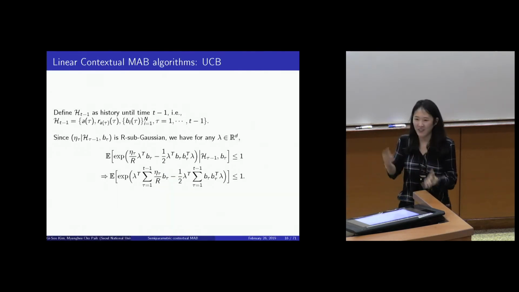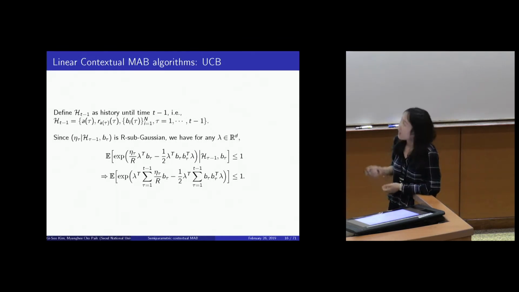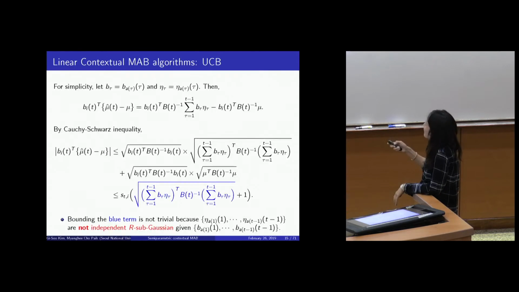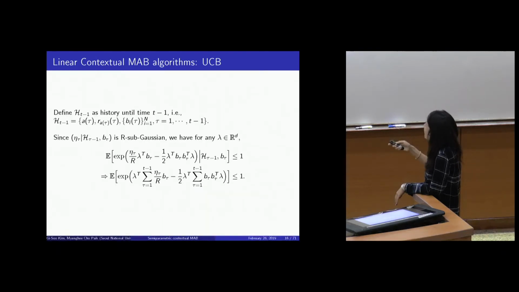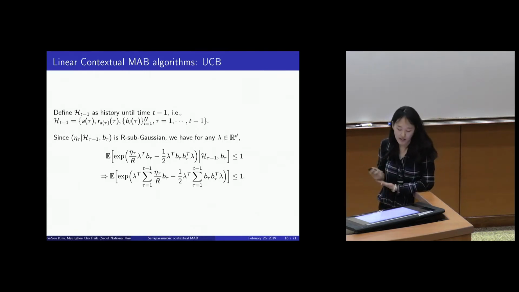Sorry if you are very familiar with this. But Abbasi-Yadkori et al. derived the bound of this blue term by using that although the etas are not independent, the observed eta given the history, which is the union of the past actions, past rewards, and past context, and the current context, are R-sub-Gaussian.